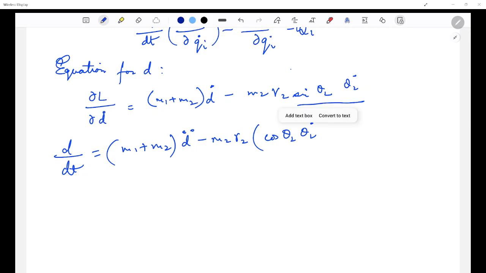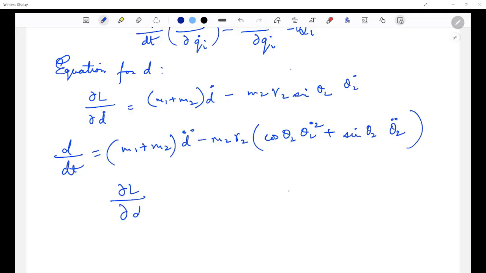Sine theta 2 differentiates to cos theta 2, and then you get another theta 2 dot coming out, multiplied by the existing theta 2 dot, so we have theta 2 dot square. Plus, this time we separate out sine theta 2 and differentiate theta 2 dot, so it would be theta 2 double dot.